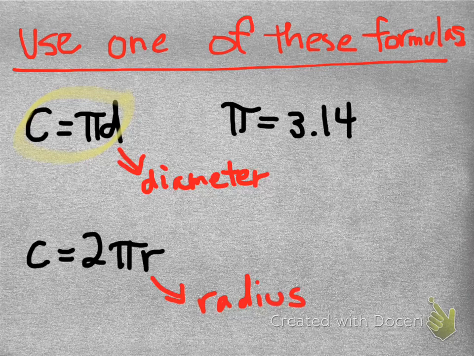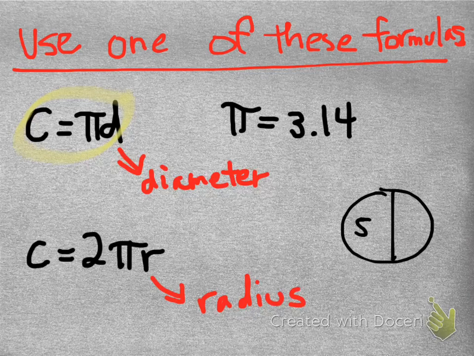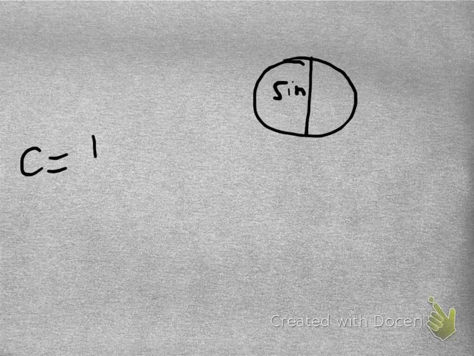So going back to, if I have a circle and I know the diameter equals 5 inches, I can solve for circumference because I would just replace D with 5. The way we do this, I'm going to use the formula circumference equals pi times diameter.